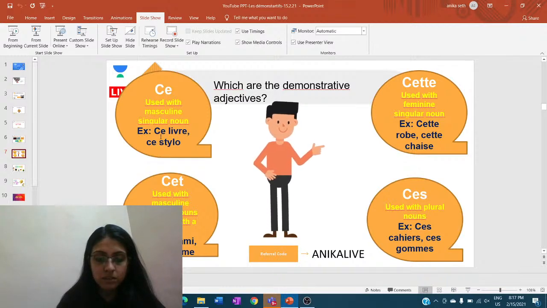Those who know the answer can put it in the chat box. Why is CE not used for the masculine singular noun starting with vowel? Why do we use CET? Why can't we write this as ce ami or ce homme? Why do we need CET as the demonstrative adjective?